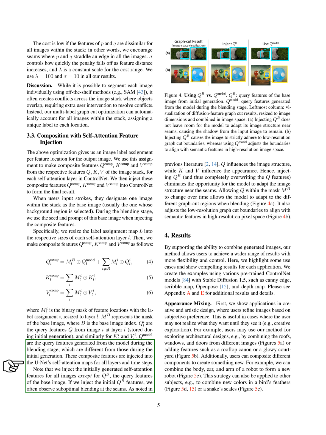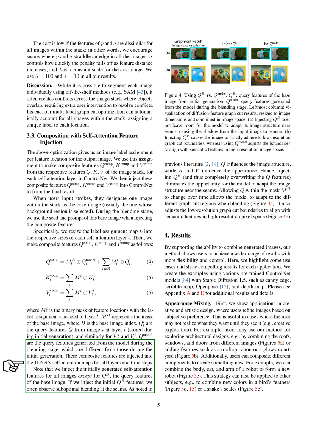These composite features are injected into the UNet's self-attention maps for all layers and time steps. Note that we inject the initially generated self-attention features for all images except for $Q_B$, the query features of the base image. If we inject the initial $Q_B$ features, we often observe suboptimal blending at the seams. As noted in previous literature, $Q$ influences the image structure, while $K$ and $V$ influence the appearance.